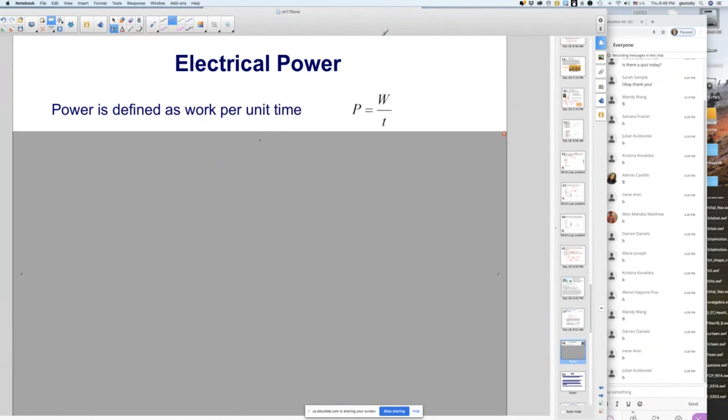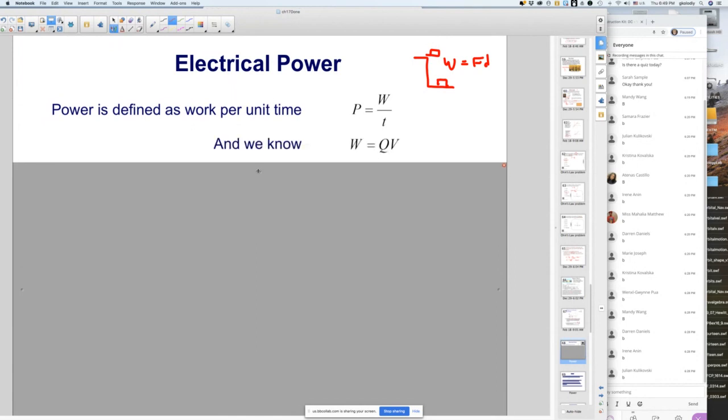So, let's say the power of a machine that lifts a weight and puts it through a particular distance, the work it does is force times distance. The power is the work done divided by the time to do that work, the time to lift this up here and put it on top. That's power. How long did it take you to do that work?